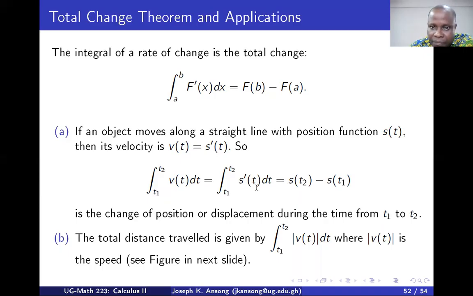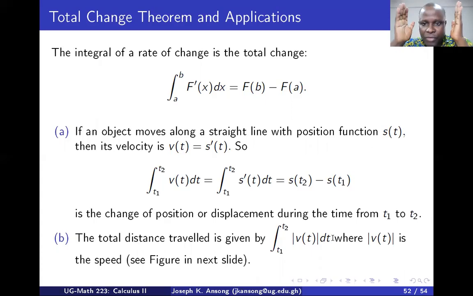Because we have a derivative in here, if you integrate it, the derivative goes away and you are left with the function s. And so you can just plug in your limits and you have s at t2 minus s at t1. And this is the change of position, or displacement, during the time interval from t1 to t2.